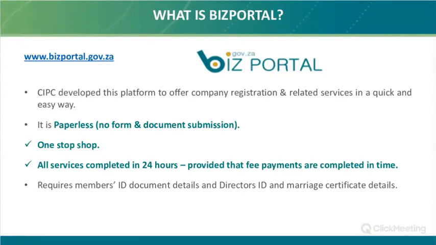It is paperless, which means no forms and no documents need to be submitted. It is a one-stop shop. All the services can be completed within 24 hours, provided that the fee payments are received on time. We require the member's ID document details and the director's ID and marriage certificate details.